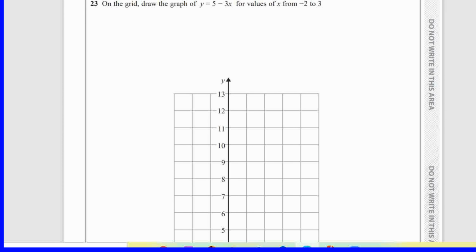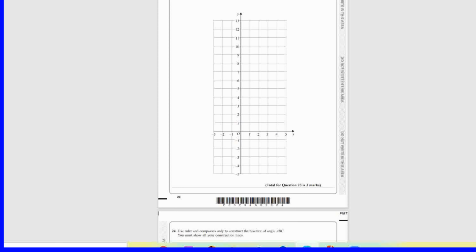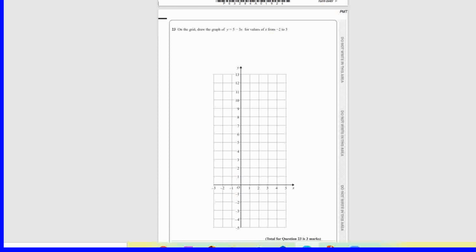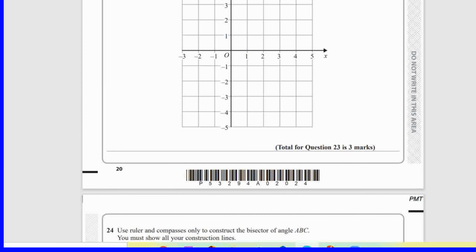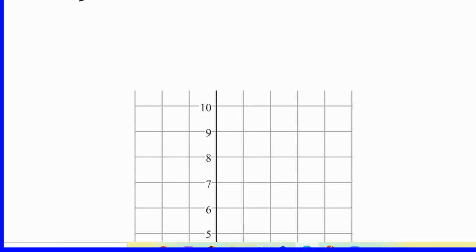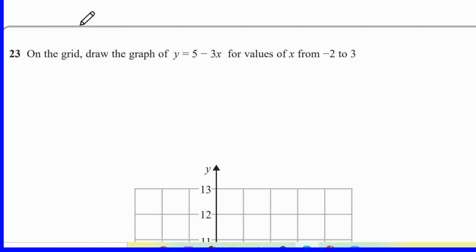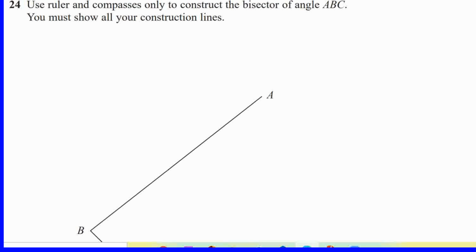Read the whole page on page 23. 23 is a graphic. 24 is here, let me zoom up for 24. So that's it. Total marks is 100.